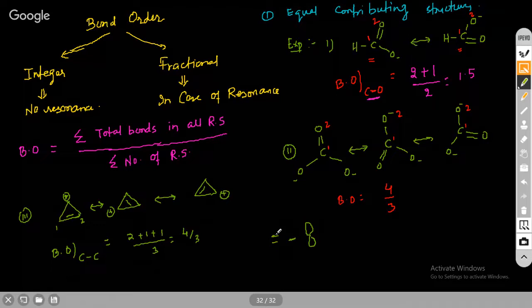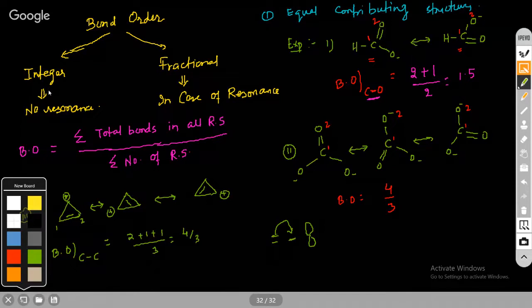When this bond comes over here, right, here we'll have the positive charge. Okay, so 4 by 3 is what we say the bond order here.